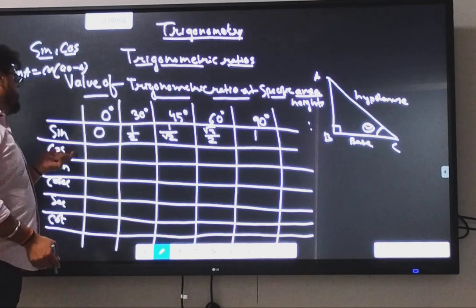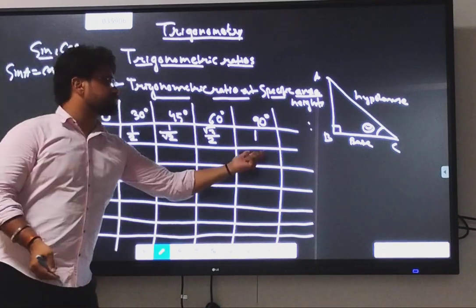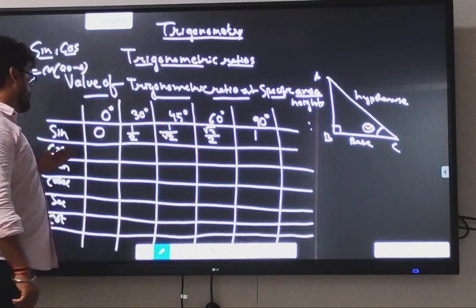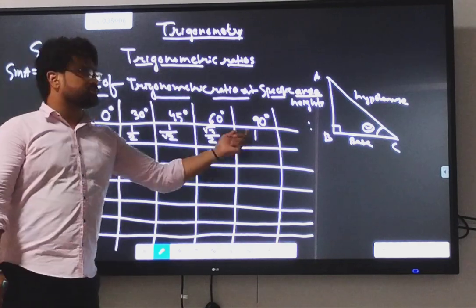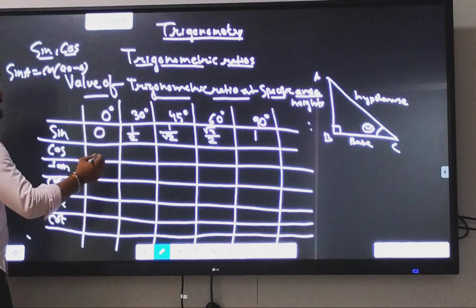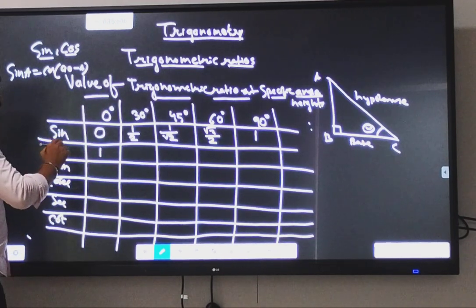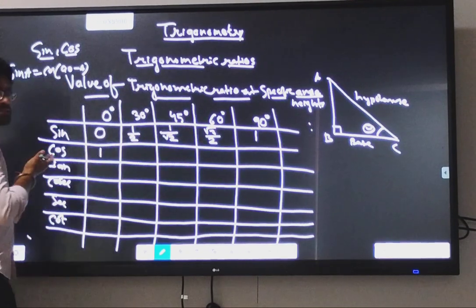So if I have to find sine 0, sine 0 will be equal to cos 90. If I have to find cos 0, then that will be equal to sine 90. So cos 0 will be 1. So this value of cos is just the reverse of the sine.